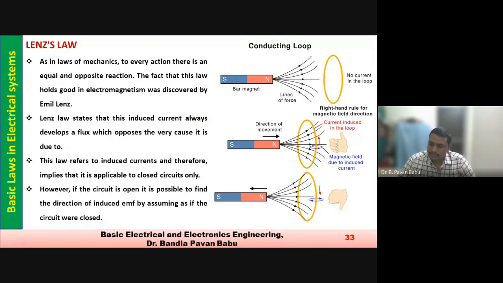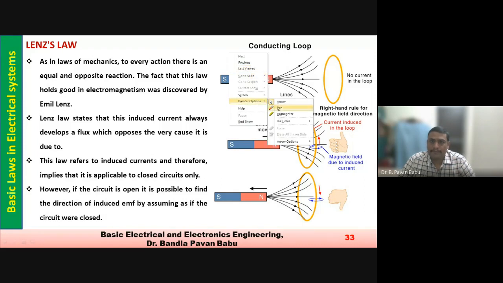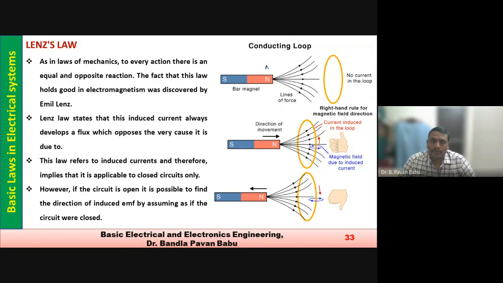I'll complete this very fast. This is the bar magnet, which we know has two poles, the north pole and the south pole. We know the magnetic lines of force go from north to south.